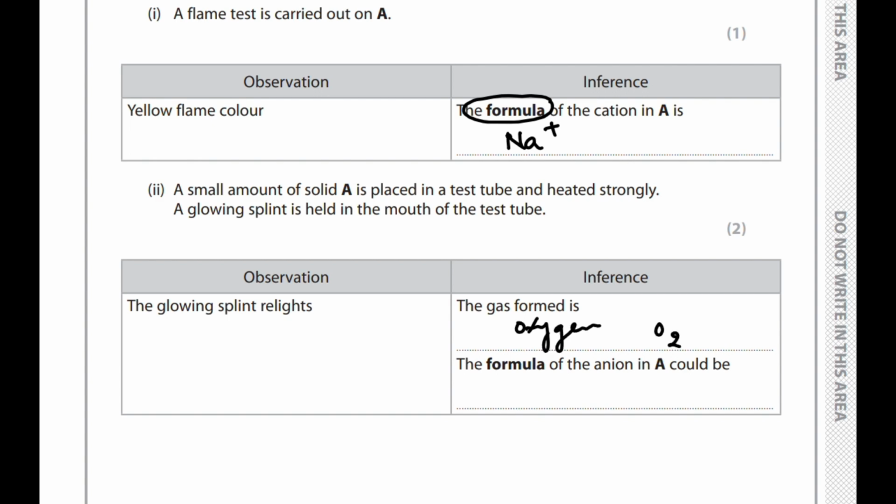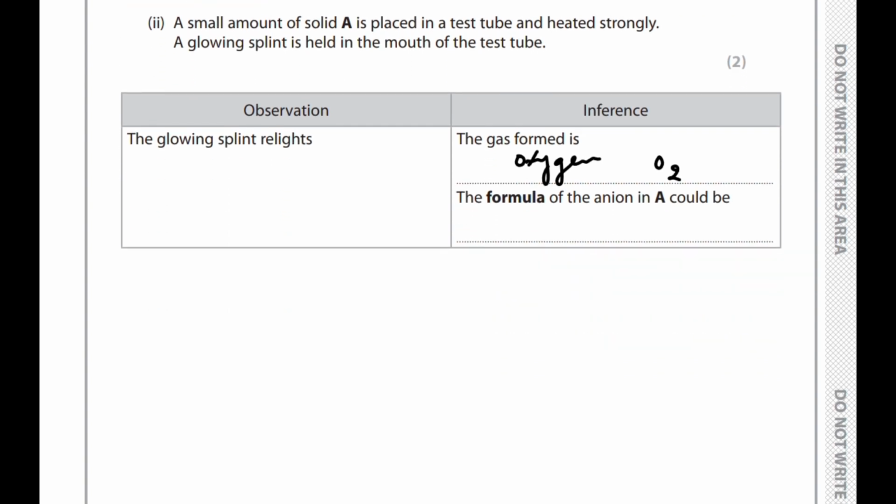Okay, it means that the compound A produces oxygen gas. The formula of the anion in A could be... So it means compound A contains oxygen and the positive ion is sodium.